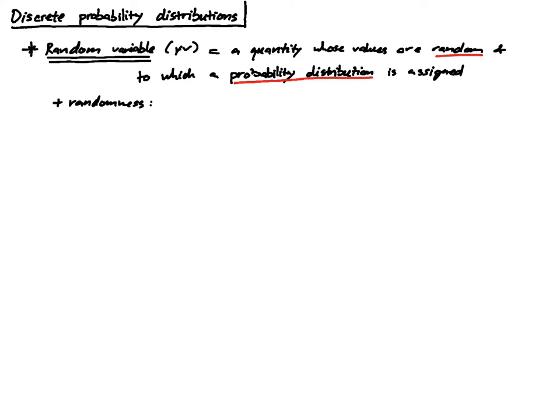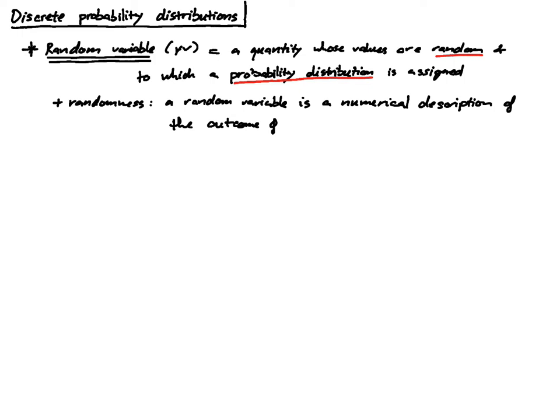Now, the randomness comes from the fact that a random variable is a numerical description of the outcome of a random experiment.